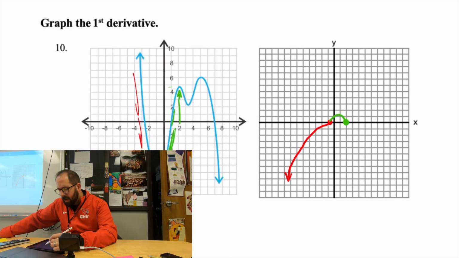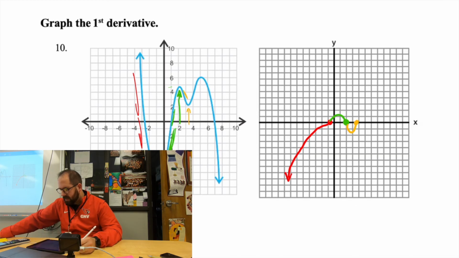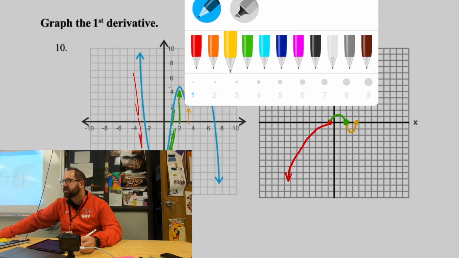And now, the next part, I'm going to have negative slope up until about 3.5. I just got to remember that my mins and maxes are going to be X's. Yep, that's your peaks and valleys.